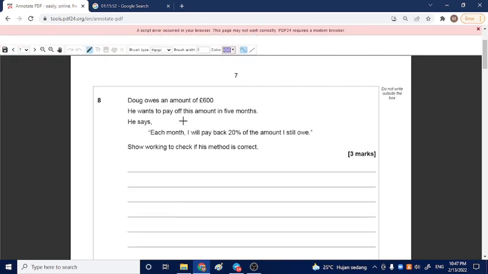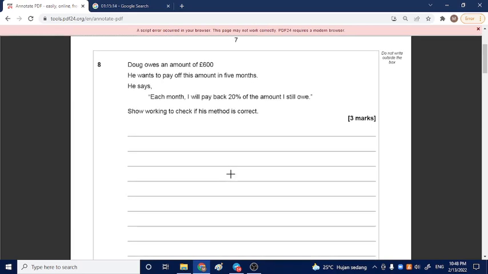Dog owes an amount of 600. Which month will I pay back the 20% amount that I still owe? In 5 months. Show working to check if his method is correct.